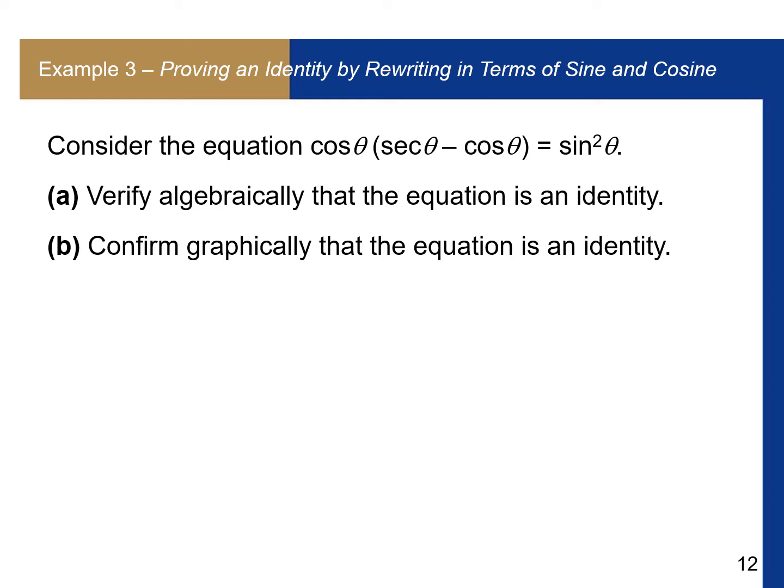So here I have cosine times secant minus cosine equal to sine squared. We want to see, is this true? Is this an identity? That's what I mean when I say, is it true? Does this side equal this side?